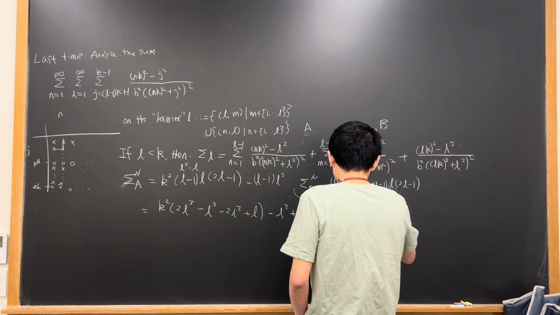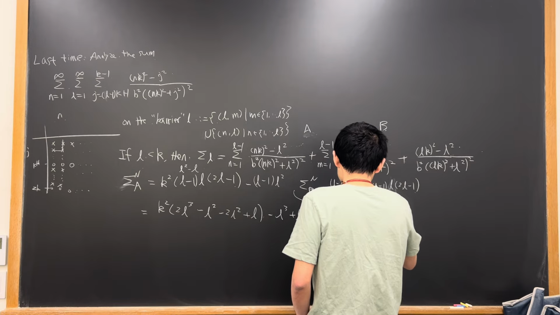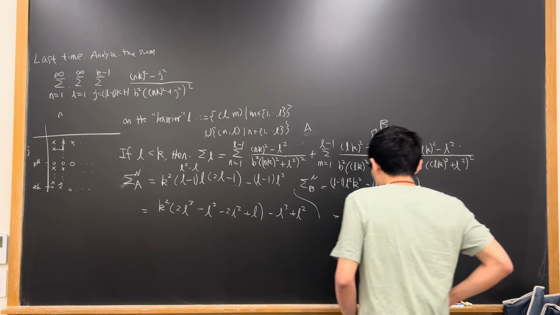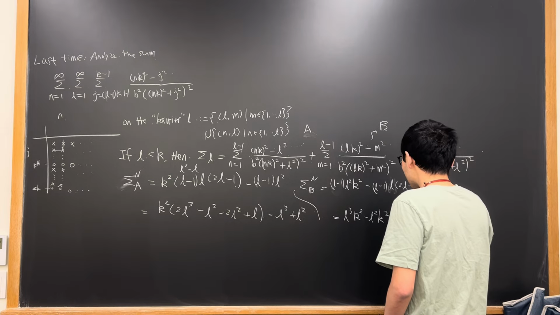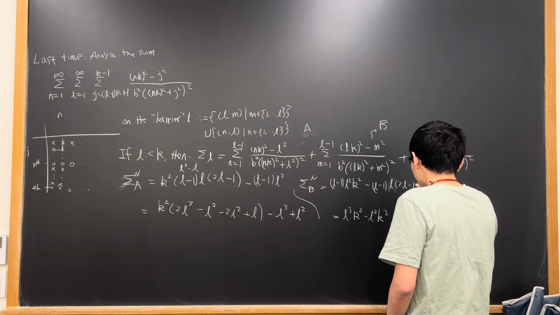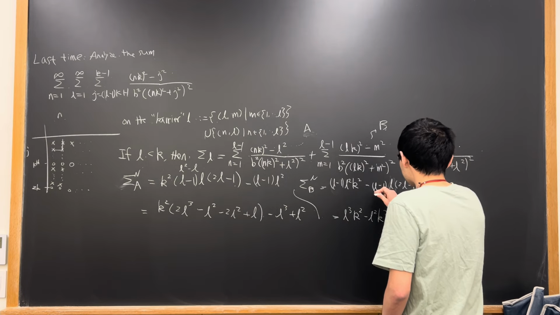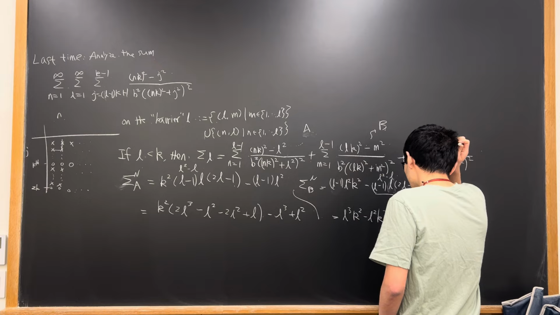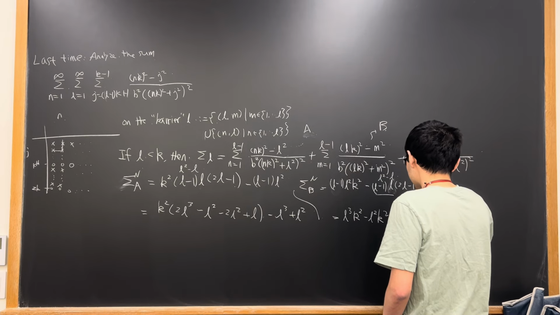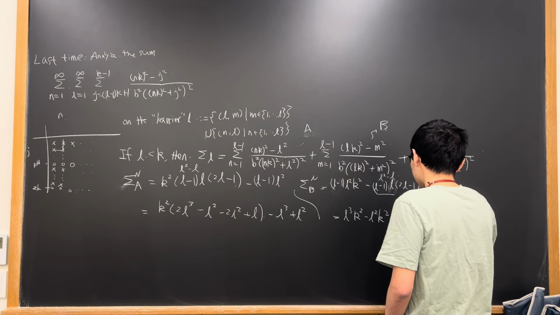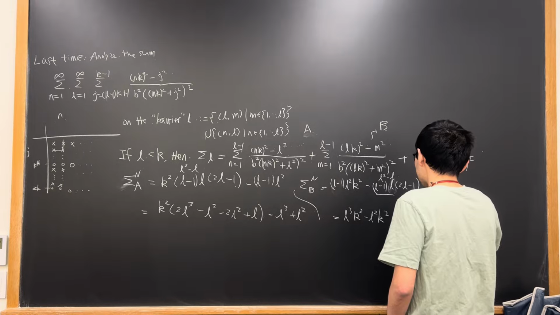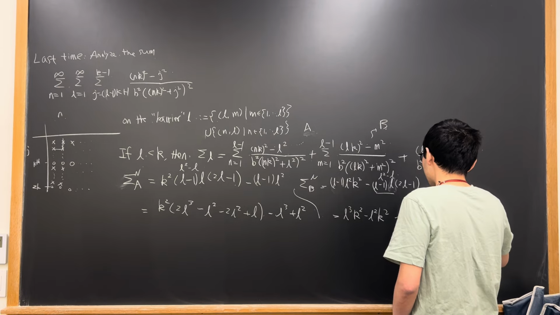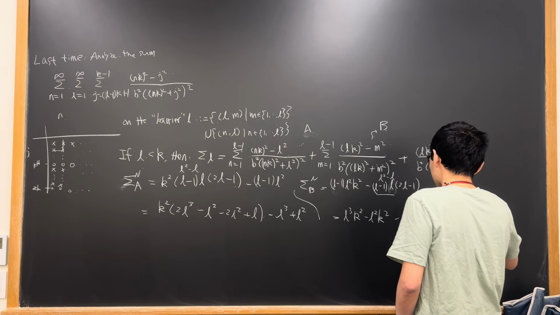So I have L cubed minus L squared times k squared, and then the same thing here, L squared minus L. So I get 2L cubed minus L squared minus 2L squared plus L.